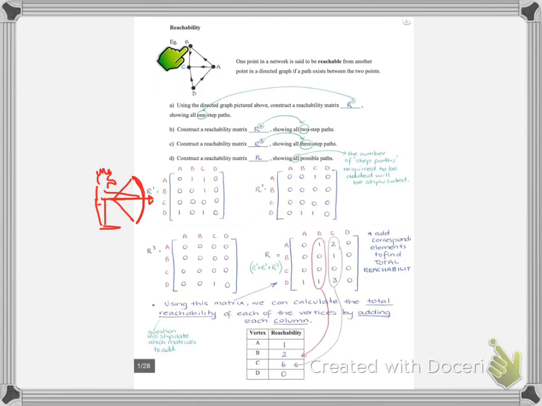Can B be reached from D in 2 steps? Yes, it can. From D, we go across here via A, and we are able to reach B in 2 steps. So again, D is the one firing arrows, and B is the one that's being reached in 2 steps. And there's one way to do that.